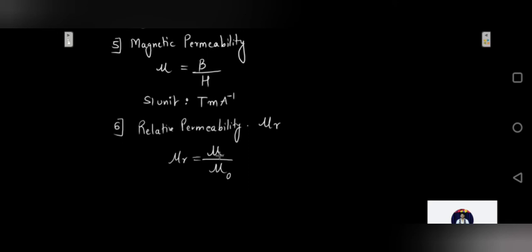For vacuum, the relative permeability is 1. For air, it is given by 1.00000004. There are 6 zeros and 4.